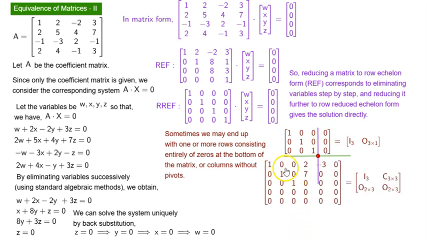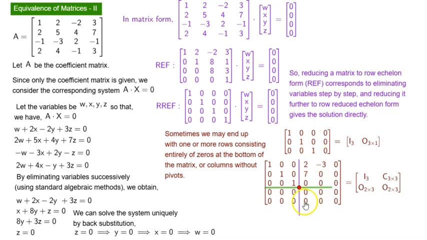Or we might have this. So here what do we have? Let me again bring this here. Here we have an identity of order 3, a matrix of order 3 by 3, and a zero matrix of order 2 by 3, and again zero matrix of order 2 by 3.